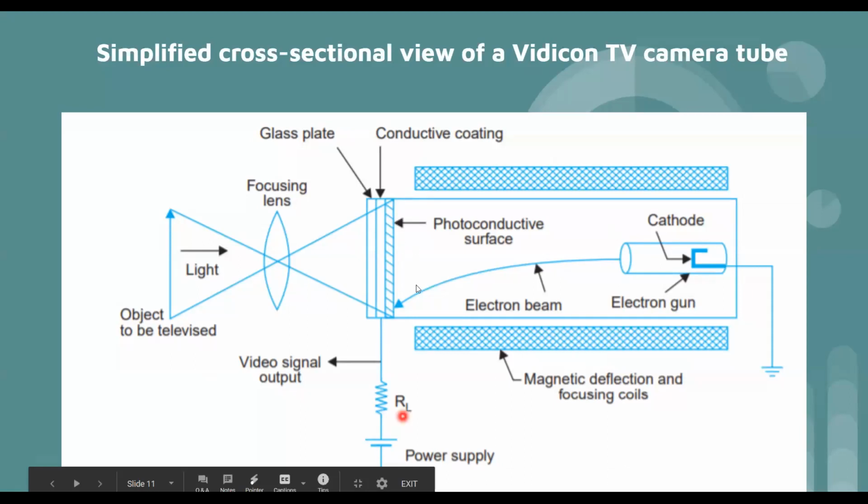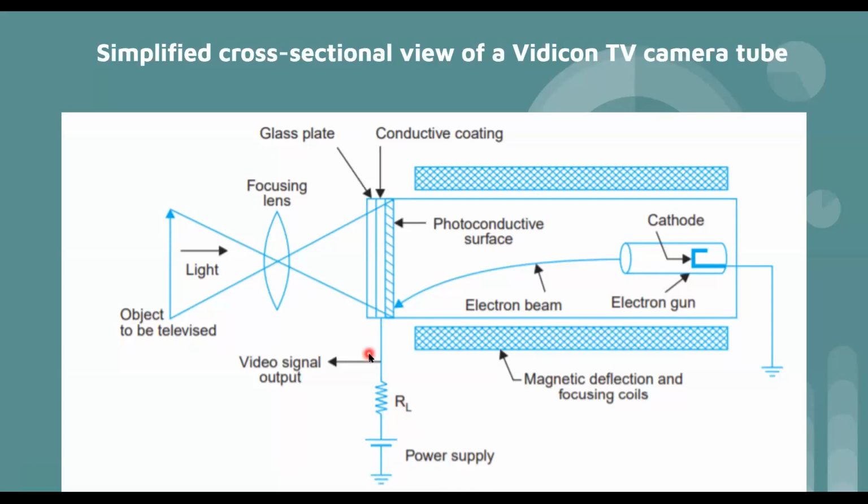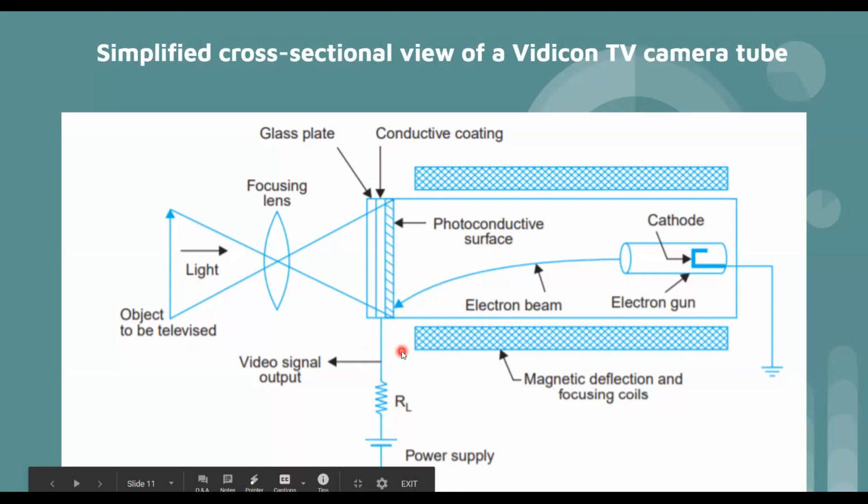What is happening? This current passes through the load resistor RL connected to the conductive coating on one side, and the DC supply on the other side. Depending upon the magnitude of the current, there are varying voltages. There are variations in the particular voltages.